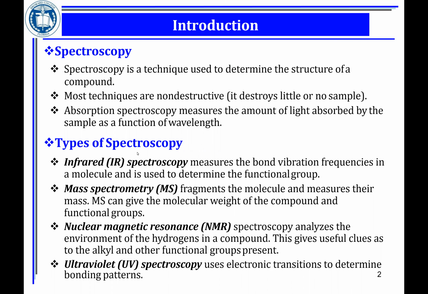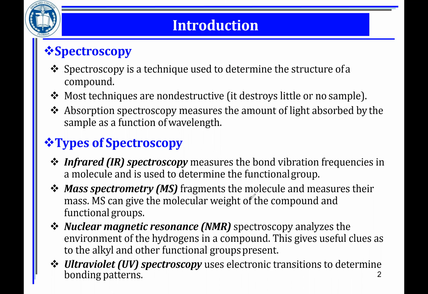IR spectroscopy is going to determine the functional group. That's the major application. Based on comparison of known to unknown samples, you can also identify the compound, but mainly you determine the functional group.